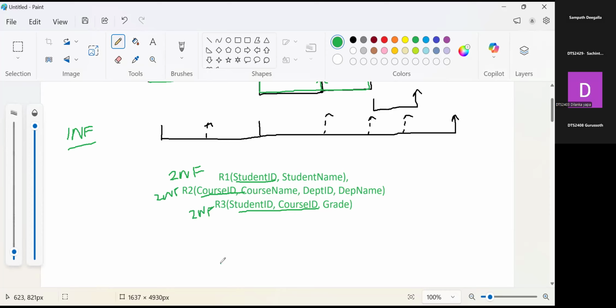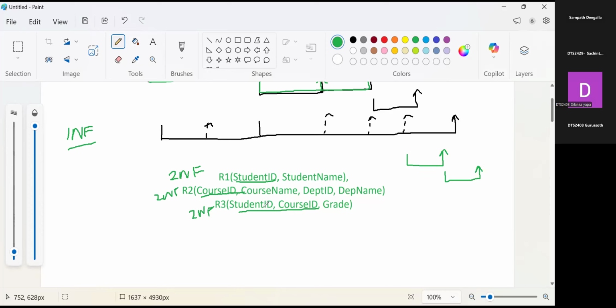But now check for the third normal form. When you check for the third normal form, you have just one relation, right? You cannot find anything in between like this. Yes, you cannot find something like this.